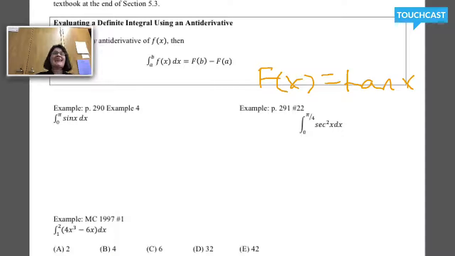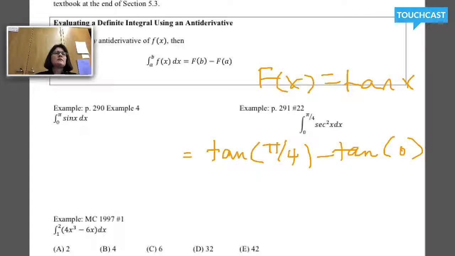Tangent x is an antiderivative of secant squared of x, because if I take the derivative of tangent x, I get secant squared of x. So here I go. I'm going to have F of b, so it's tangent of pi over 4 minus tangent of 0. Tangent of pi over 4 is 1, minus tangent of 0 is 0. So the integral from 0 to pi over 4 of secant squared of x dx equals 1.